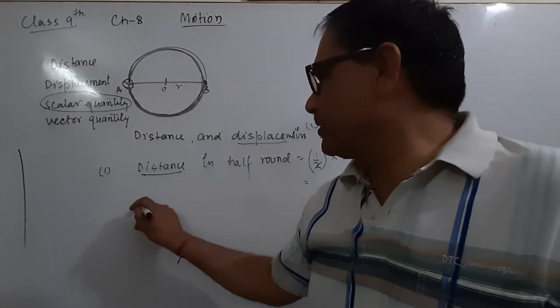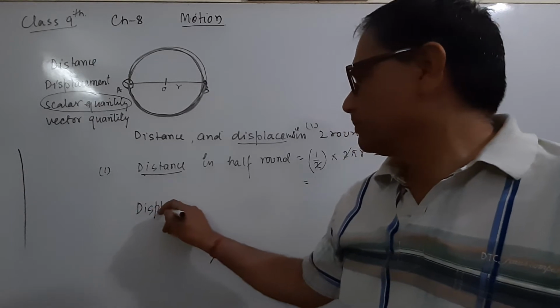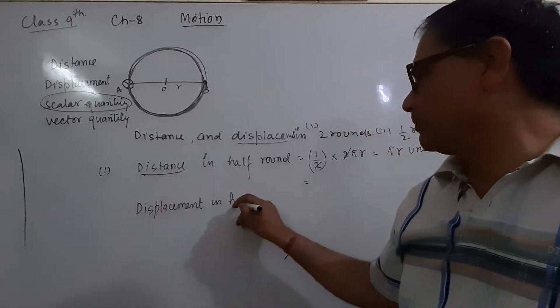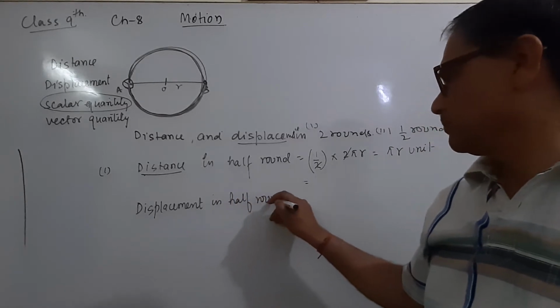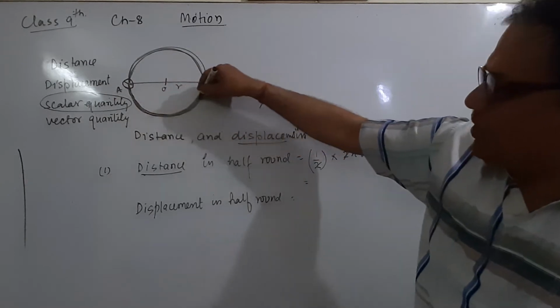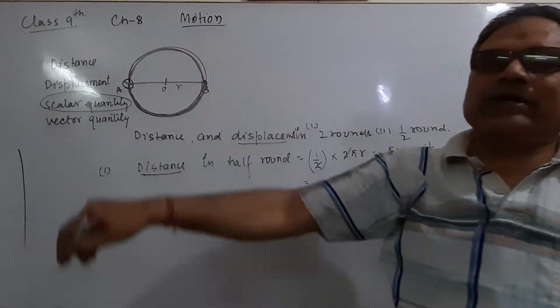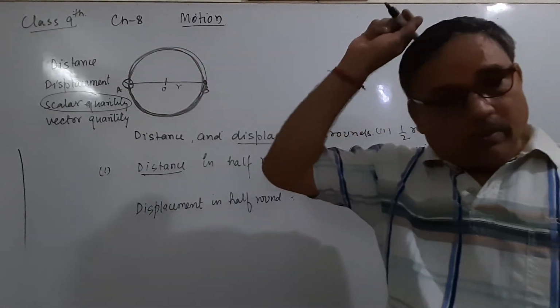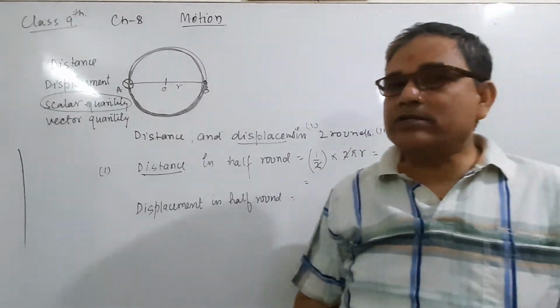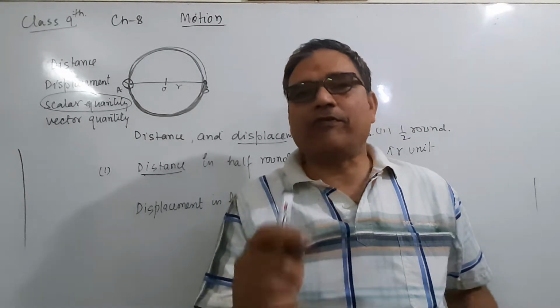And for displacement in half round, I start from A and go to B. Where is the initial point? Tell me the initial point, the final point, and the distance between the initial and final point.